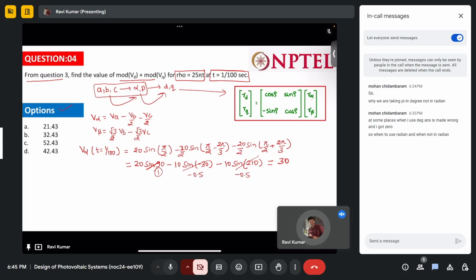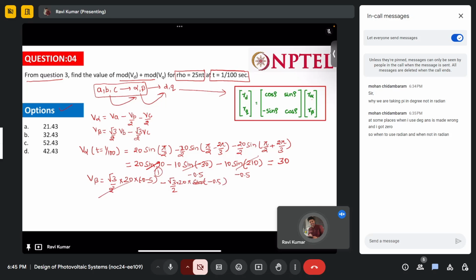So we are getting V alpha as 30, and V beta is root 3 by 2 into 20 into negative 0.5, and also here minus root 3 by 2 into 20 into minus 0.5.